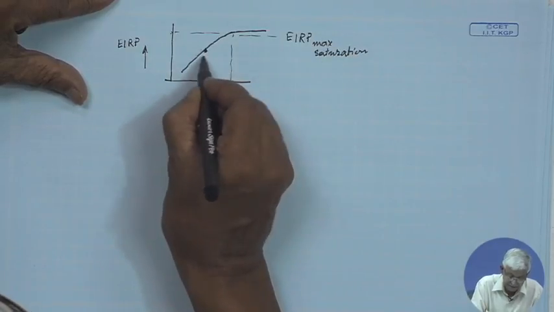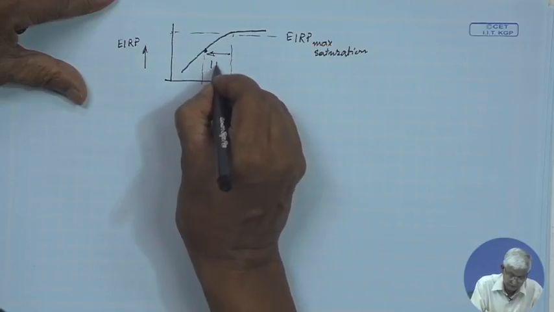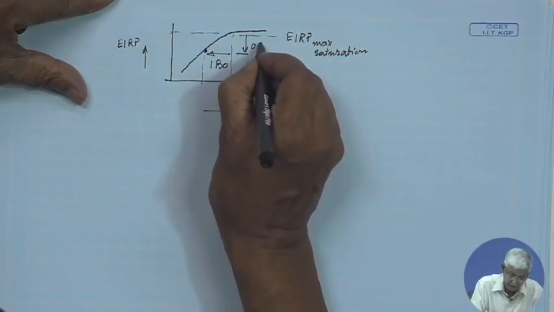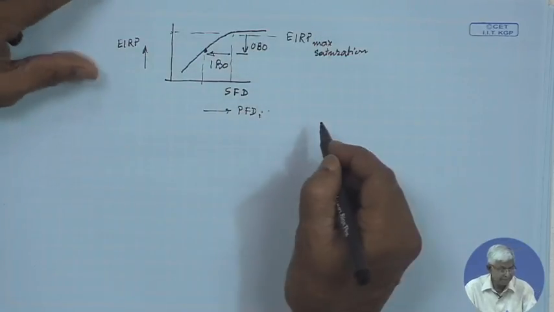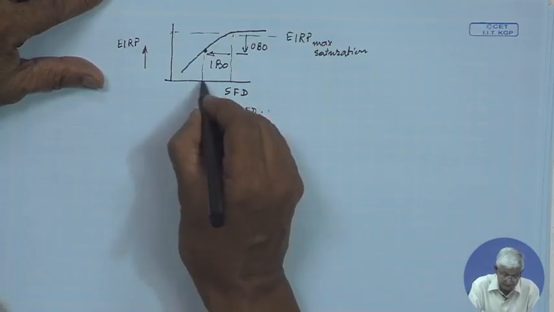If this is my operating point, this much is input back off and this much is output back off.